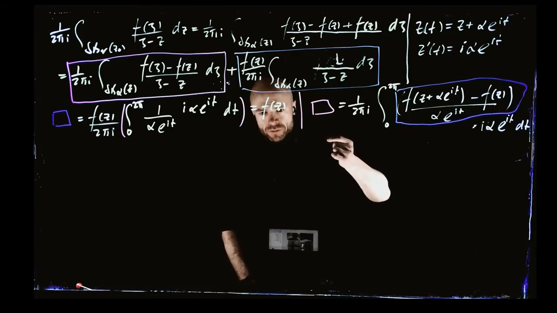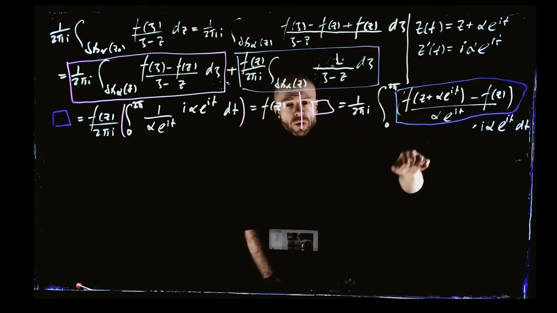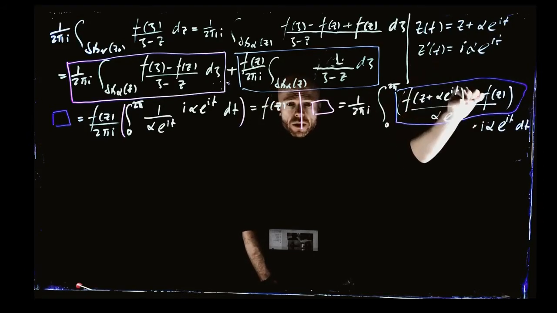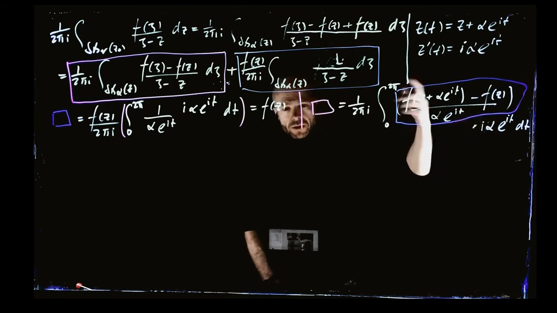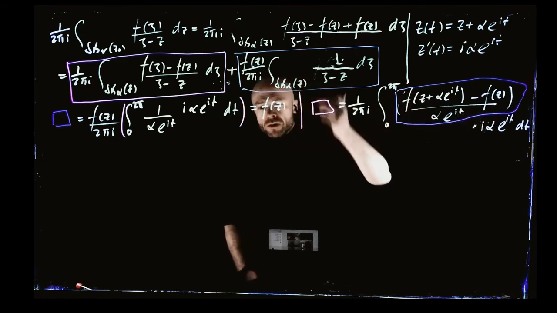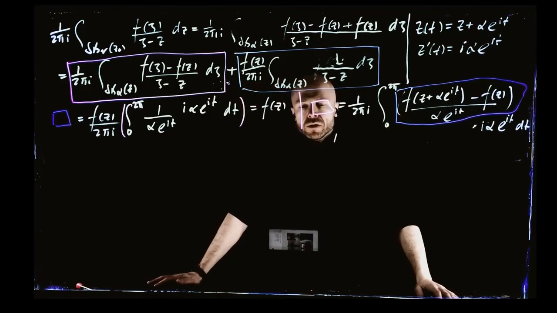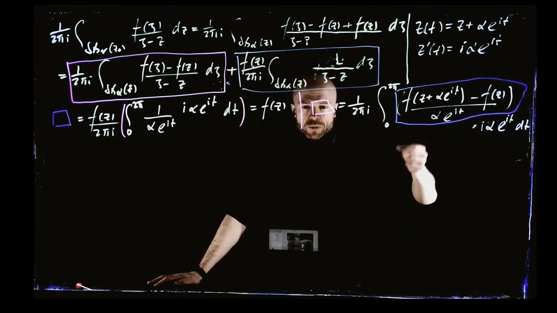So we can, for example, find alpha small enough so that the absolute value of this thing is less than twice the absolute value of f prime of z, because it's as close as you like to f prime of z plus some error of order epsilon, right?